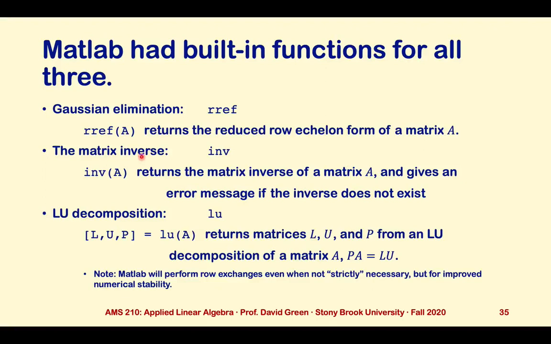The matrix inverse is computed by a function called inv. Both RREF and inv take a matrix A as an argument and return the reduced row echelon form or the inverse of that appropriately, and give error messages when the inverse doesn't exist.